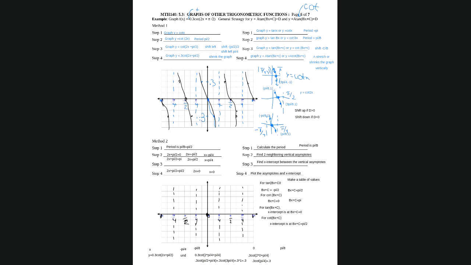And that's actually going to give me 0.3 times the cotangent of pi over 4 plus pi over 4. And so that's equal to 0.3 times the cotangent of pi over 2. And that is 0.3 times 1, which is 0.3.